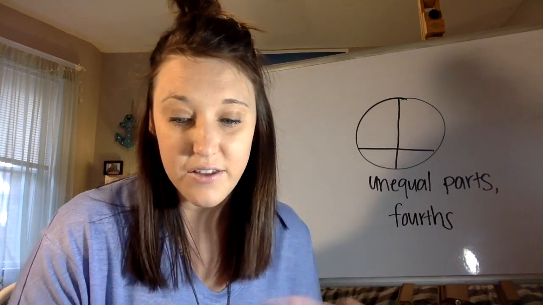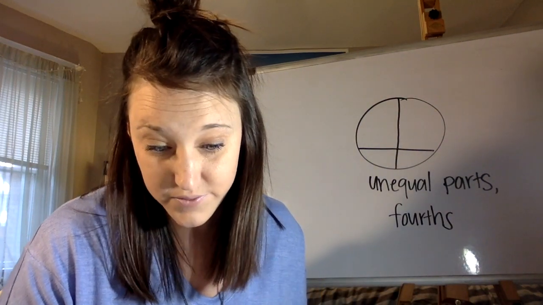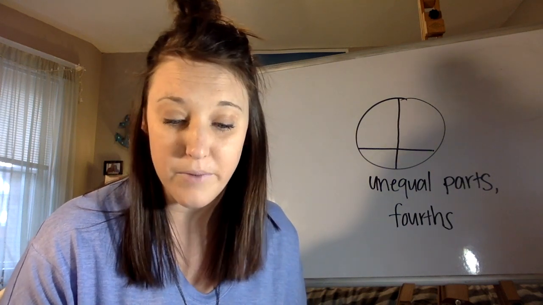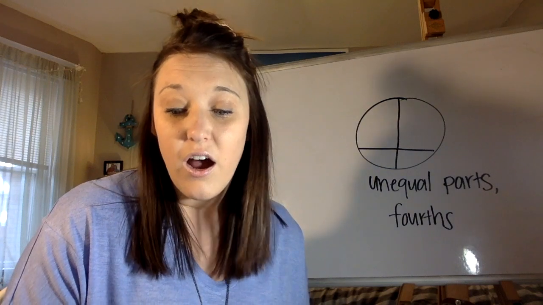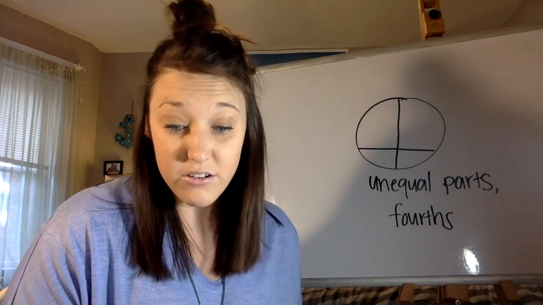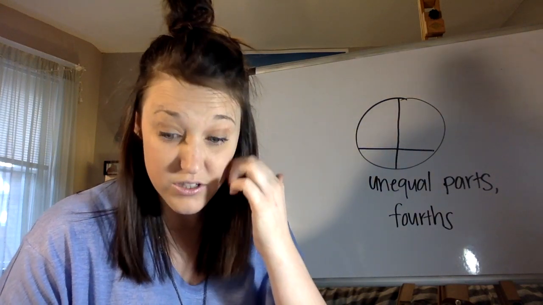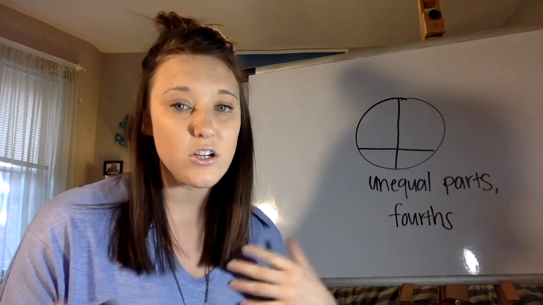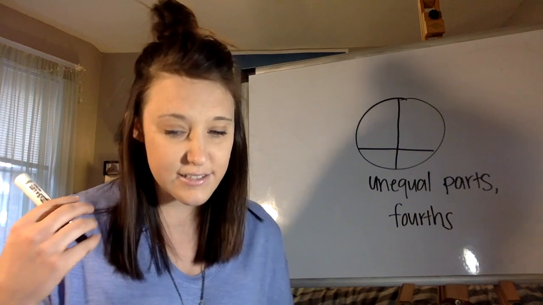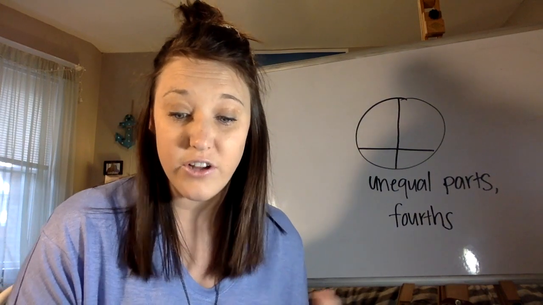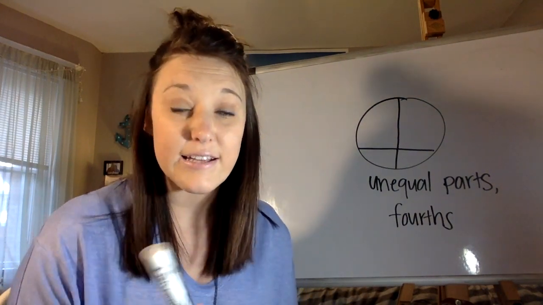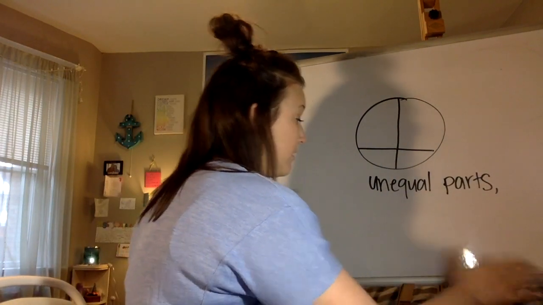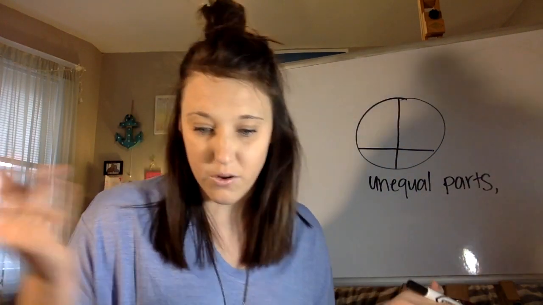So moving forward, it gives you quite a few of those. And when you move to page 447 and you're looking at numbers 7 and 8, you have to divide it yourself. It's going to tell you to divide it into equal parts, and then you have to give it a name. So is it halves, thirds, fourths, sixths, eighths? What's the name of it? And again, you have to do that for all of them, unless it's unequal. Okay, so unequal, I don't need a name because I don't have equal parts.